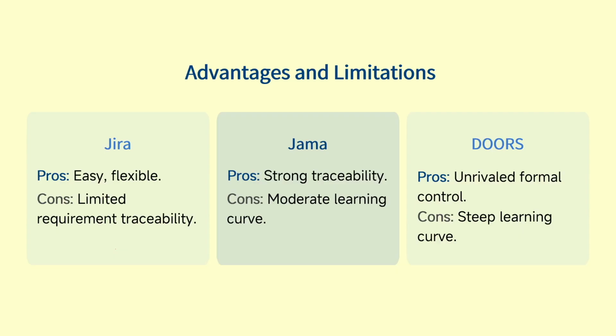But in DOORS, the advantage is that it is having very good control, but the disadvantage is that we need a steep learning curve. So we have to learn many aspects within the tool itself to go deep and identify how it is actually working.